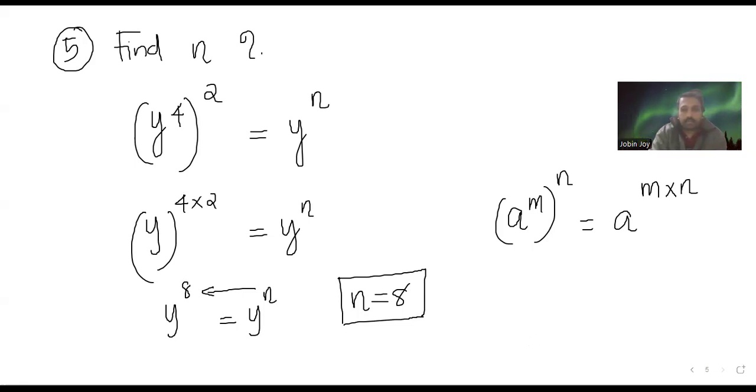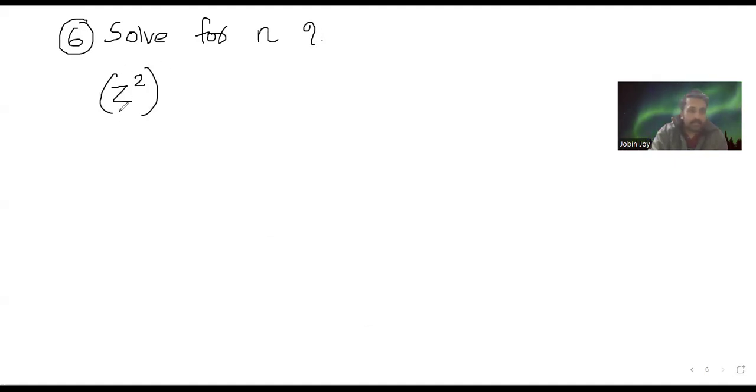Question number 6. Solve for n. Z raised to 2 the whole raised to n equals z raised to 10. Okay, what is the value of n?